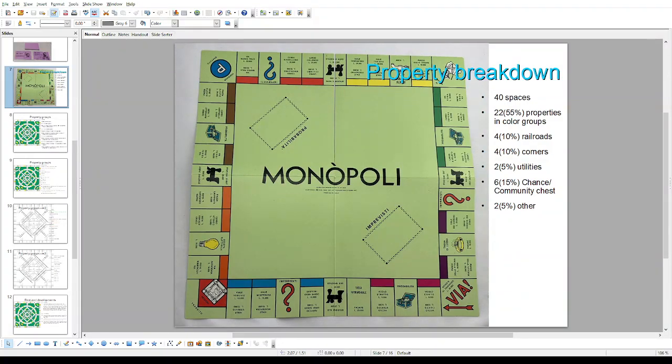Why is it exactly 1,000 on all 11 properties? I have no idea. Logic error. The orange group though is only plus 500. And if we go all the way back to Mediterranean and Baltic, the plus 500 actually holds true.